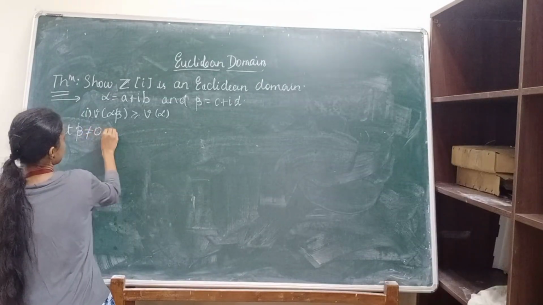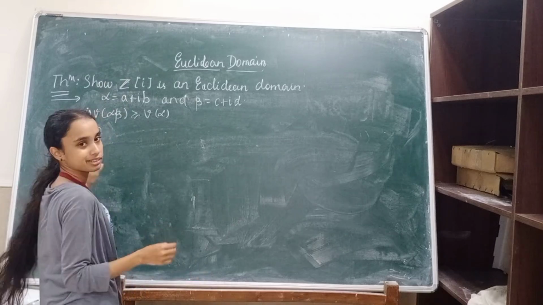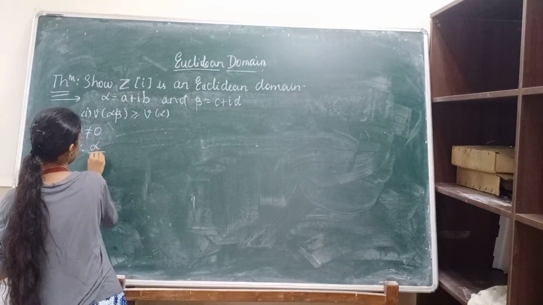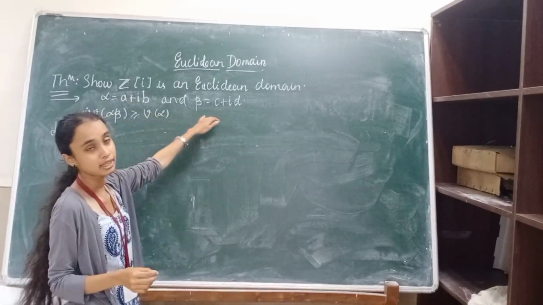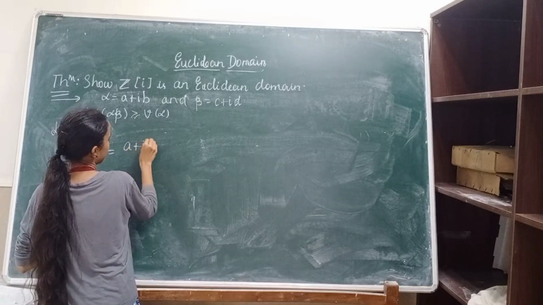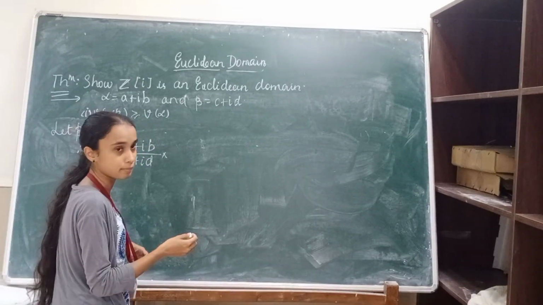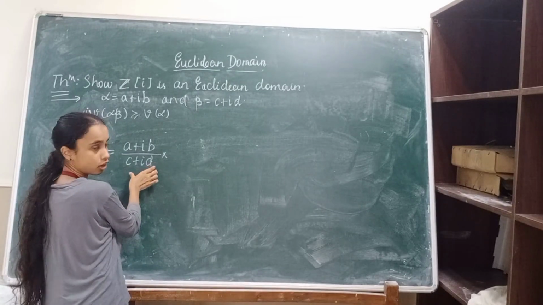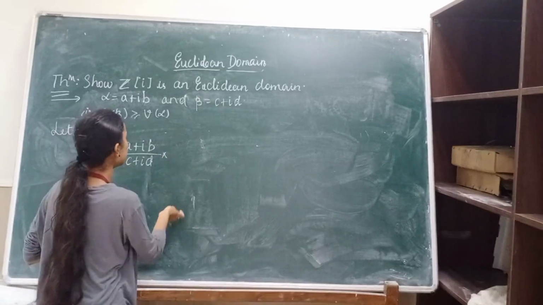Let theta be a non-zero element from the domain Z[i] minus singleton 0. Therefore, alpha upon beta will be equal to, alpha is A plus iota B and beta is C plus iota D. So that will be equal to A plus iota B upon C plus iota D. That means we have to multiply the conjugate of this denominator with the numerator and also with the denominator.